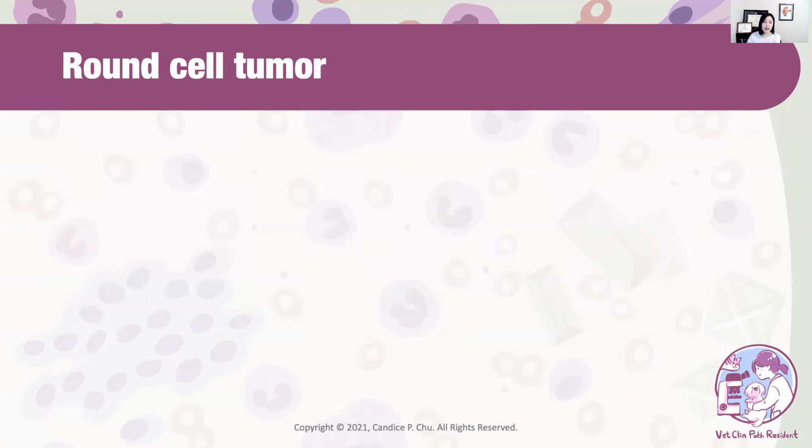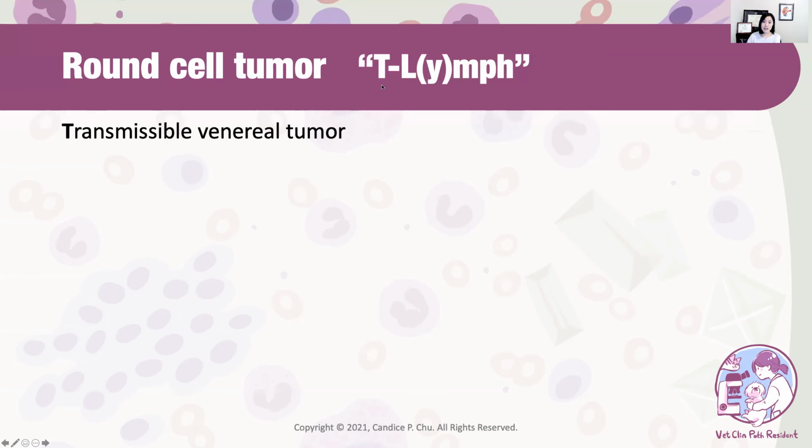All right, so then I will spend a little bit of time to talk about round cell tumor. And I want you to memorize this TLMPH thing with the silent Y. So this would be a very helpful way for you to memorize all the round cell tumors. So starting with T, when we talk about T, then you would think about TVT.